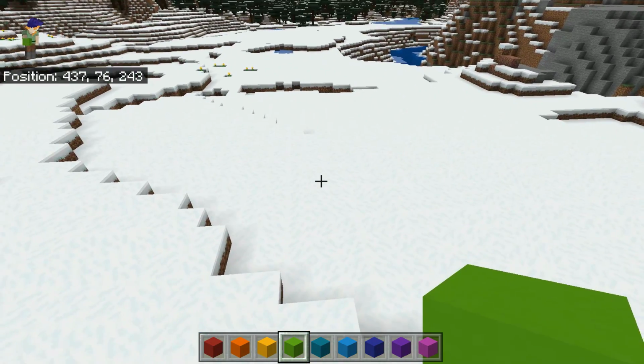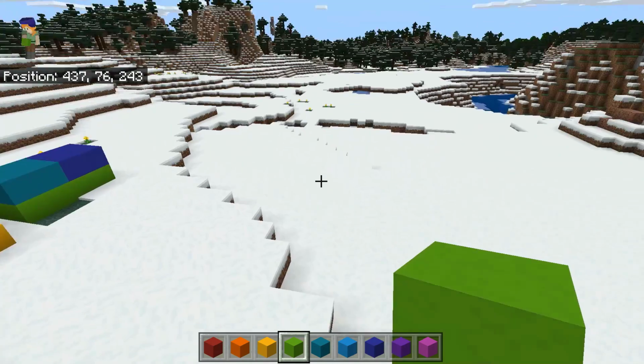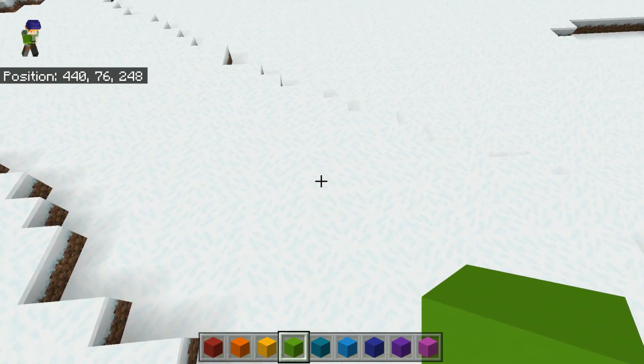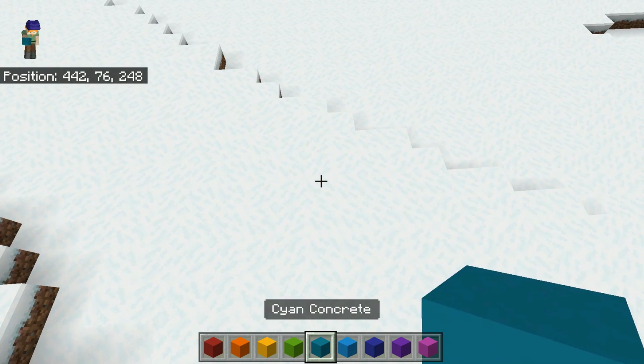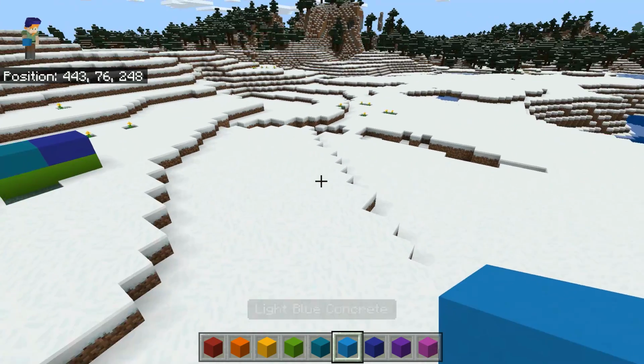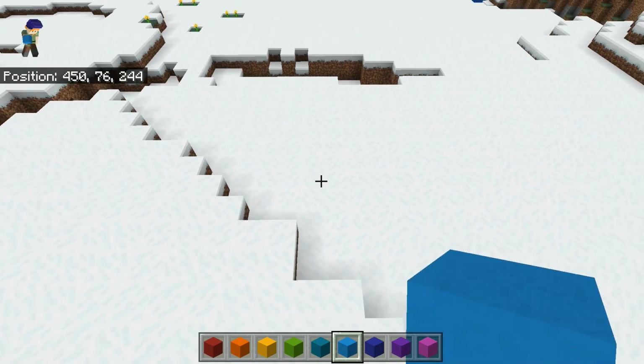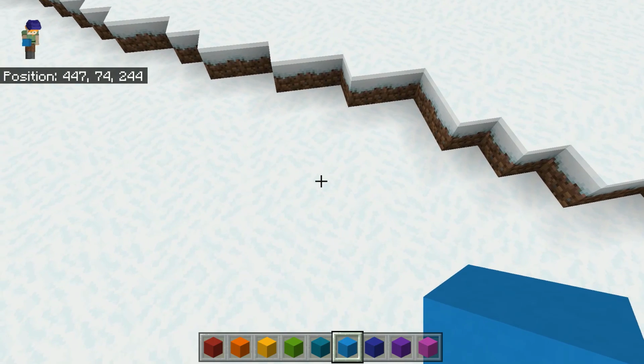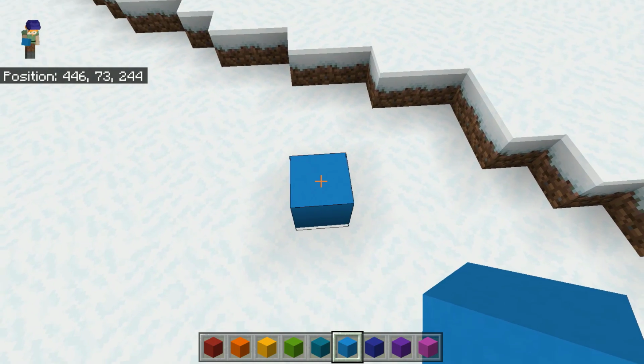Let's pick a medium-sized number, one that I haven't done yet. I'm going to pick 48.